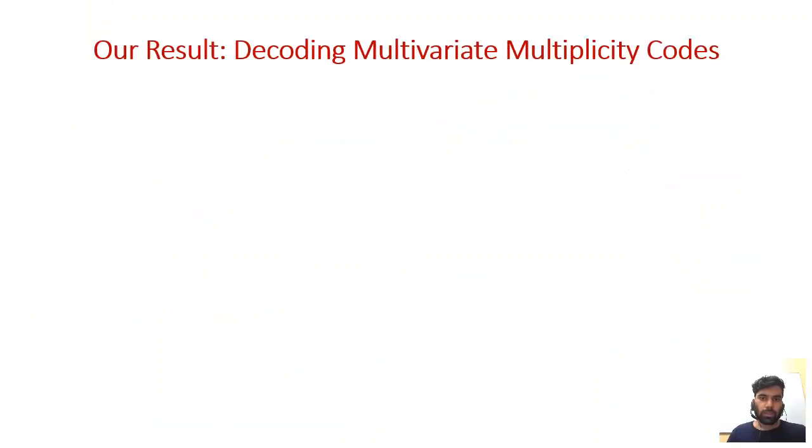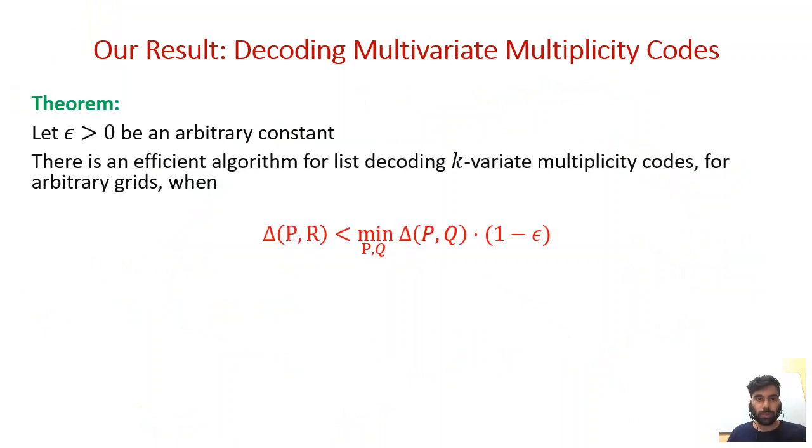Now I would like to present our result. This is an informal statement presented formally. What we actually deliver is an algorithm for list decoding k-variate multiplicity codes over grids. In other words, we are able to do noisy interpolation for k-variate multiplicity codes, and not only are we able to tolerate noise which looks like half times the minimum distance, we are actually able to tolerate much more noise.